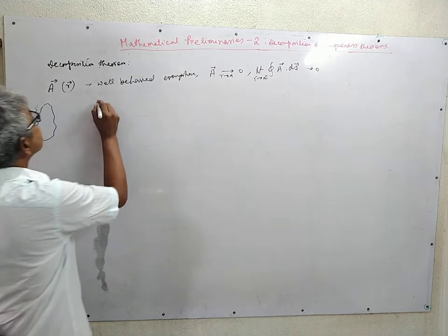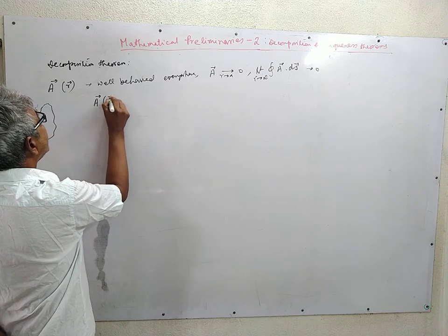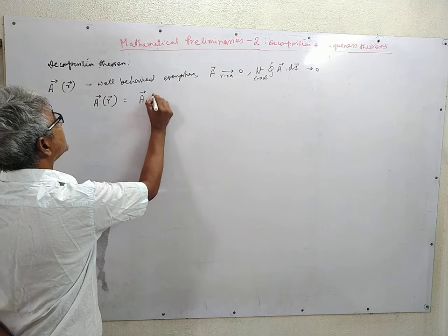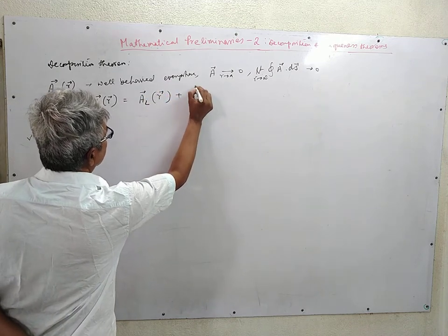So first, given any vector A at a point r, it can be decomposed into two parts. One is its longitudinal part and the other is its transverse part.